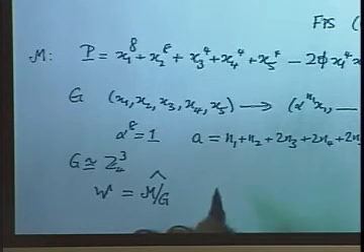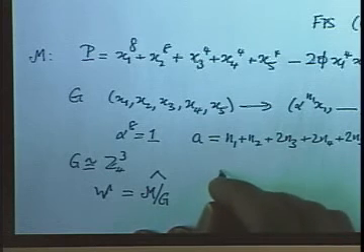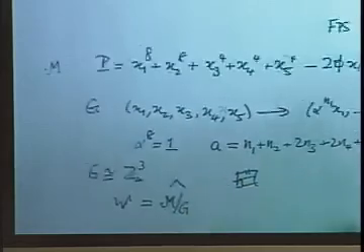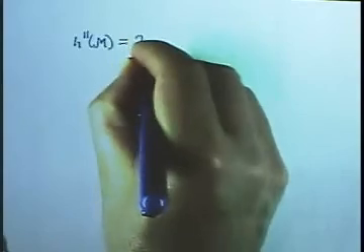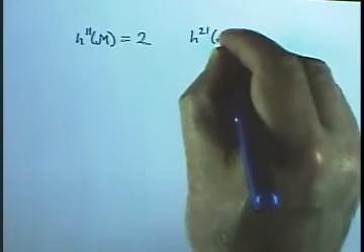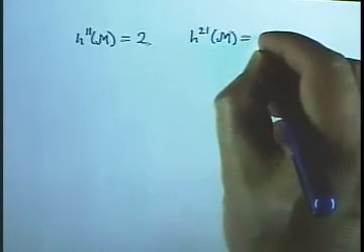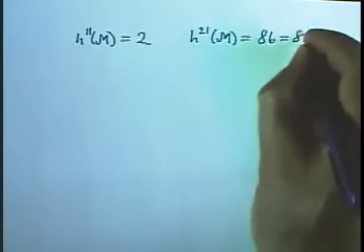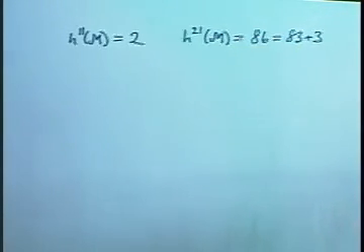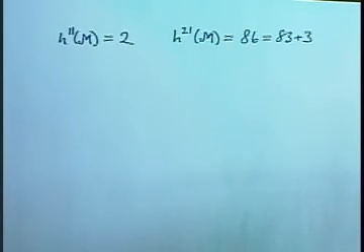It has, I'll explain how we calculate this in a minute, but this one is interesting because H11 of M, it turns out, is 2 this time, and H21 of M is 86, and 86 is 83 plus 3, and I'll come back and discuss what I mean by 83 plus 3 in just a second.